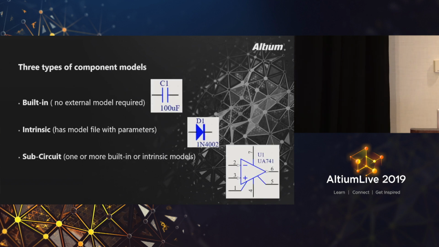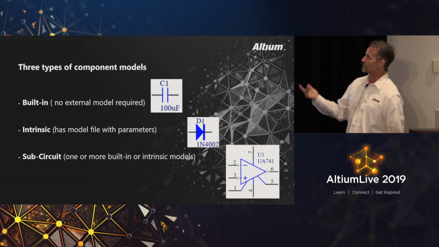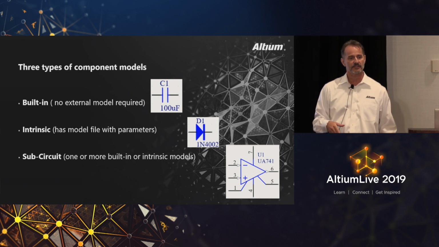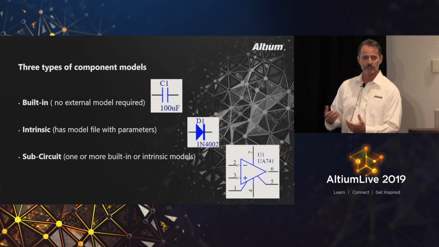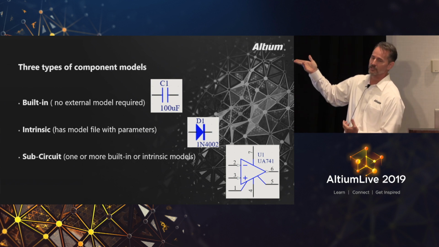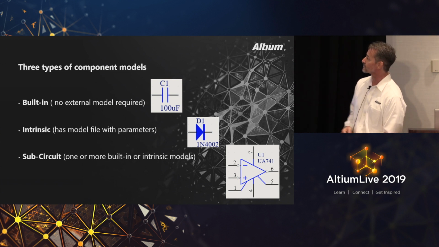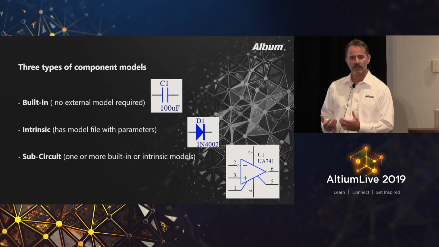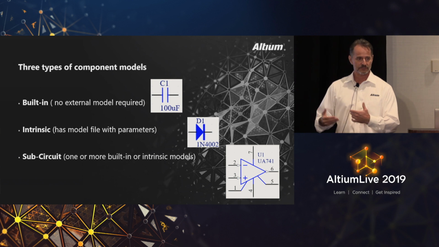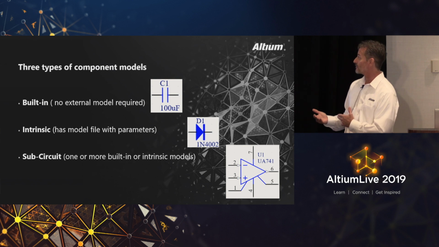So for the types of components, of course, in Spice, there are 3 types of components you'll run into. You have your built-in components, which you really don't need an external model for. You just assign a value, and it uses the built-in model. The built-in ones are more capacitors, resistors, inductors. You just give it a value, and you're off and running. Intrinsic, you've got more of a diode or a transistor, where you have an external model file that has a bunch of parameters based on the characteristics of that device.